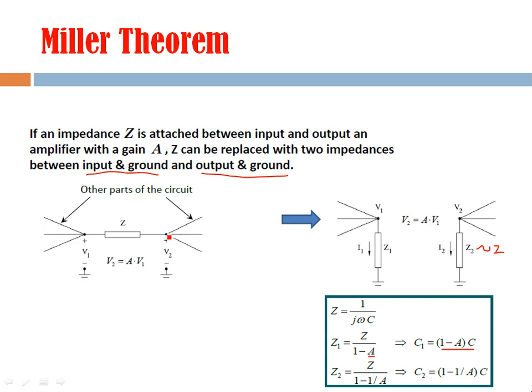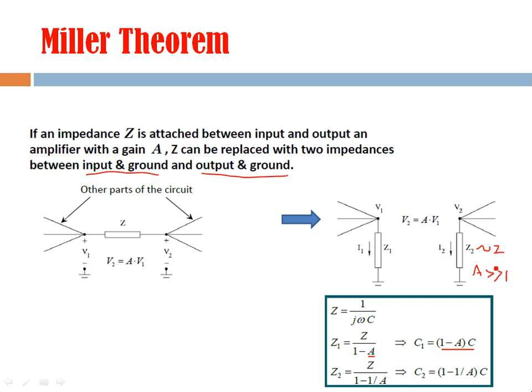So whatever impedance was connected between output node and input node, that will appear in almost the same form between output terminal and ground, provided A is very large compared to 1, right?